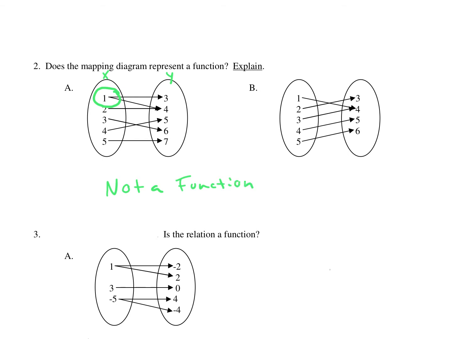For b, is this a function? Yep, it's a function because I don't have 2 arrows coming out of one x. Even though I have 2 arrows going to a y, that's totally fine. So this is a function. You just can't have 2 arrows coming out of an x. Your x can't be repeated.